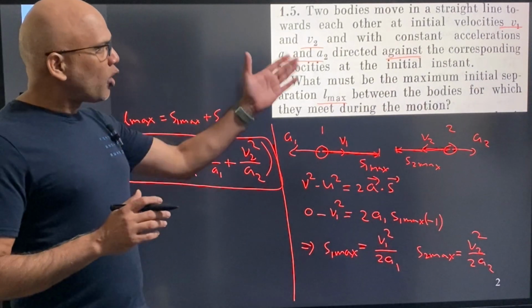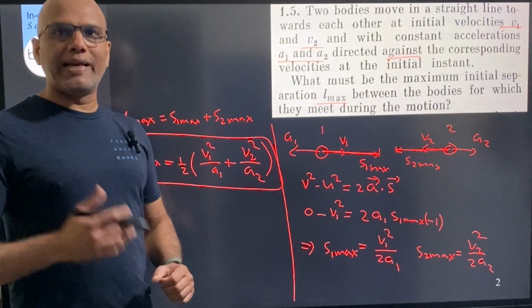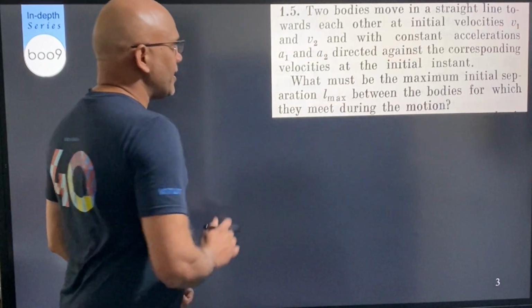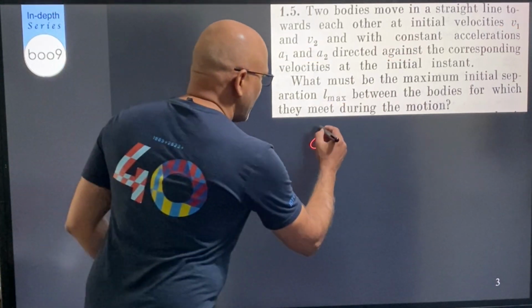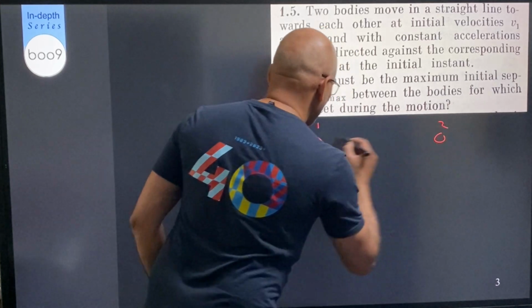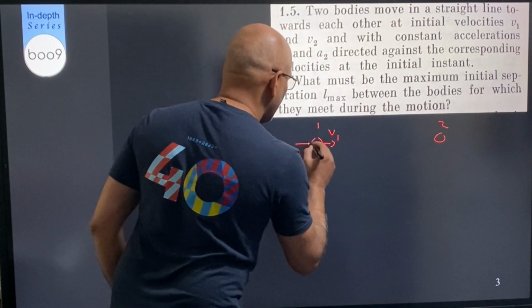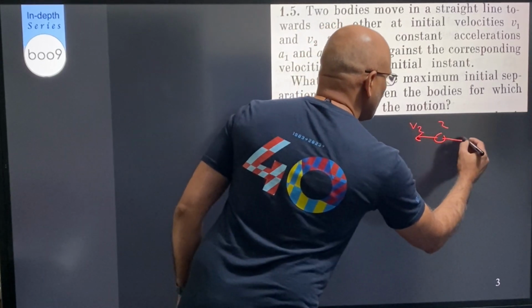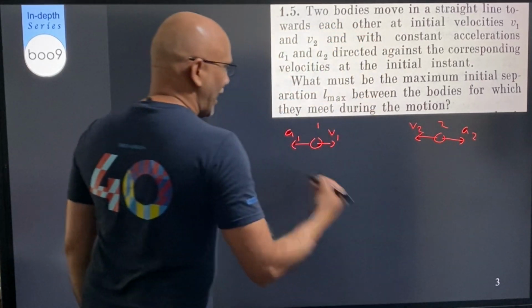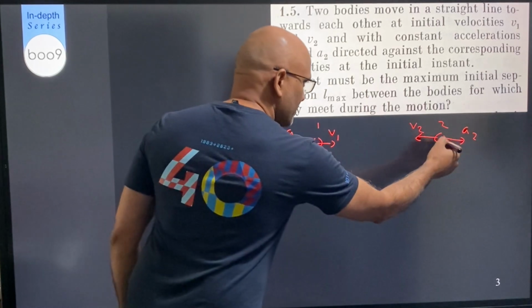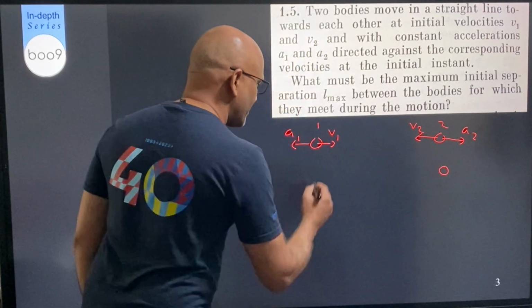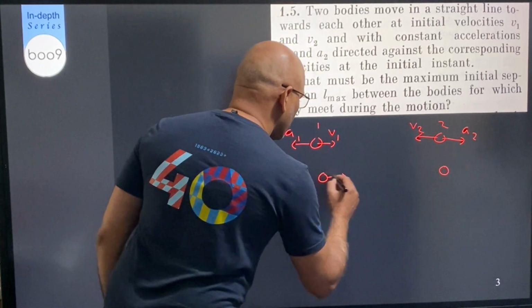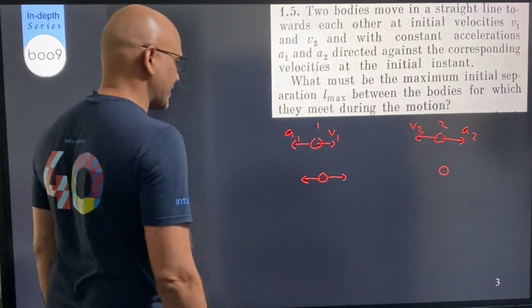Seems like I should also be able to solve this problem using relative motion. So let me try that. This is my body 1, this is body 2, this is v1, a1, v2, a2. I will solve this from this frame of reference, so I'll bring it to rest. I want to write down the relative velocity and acceleration for this case.